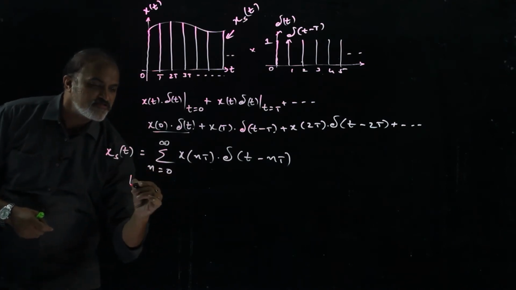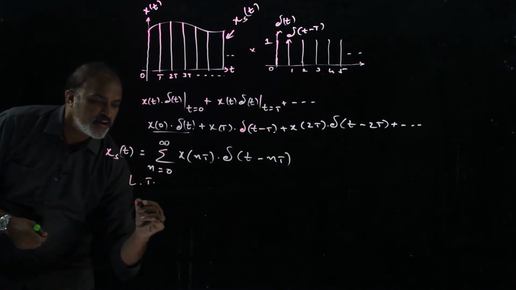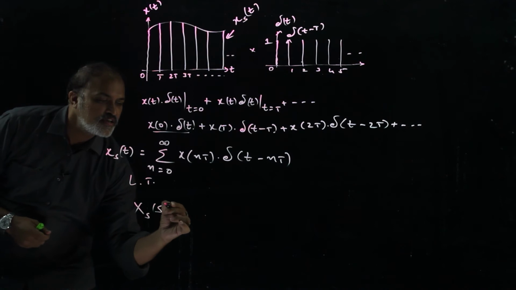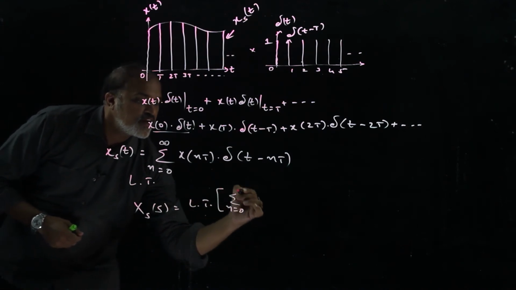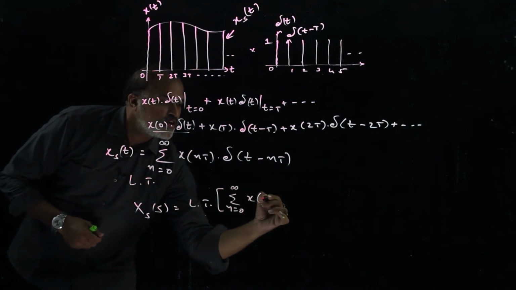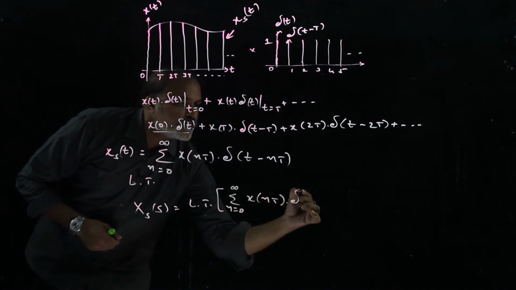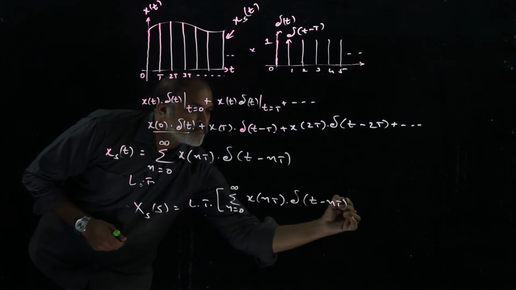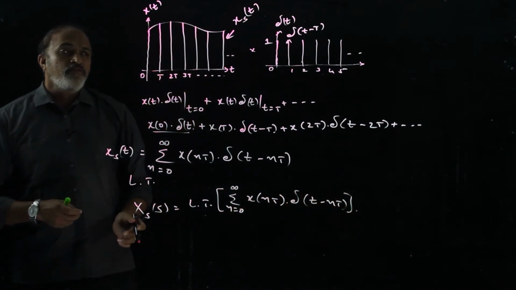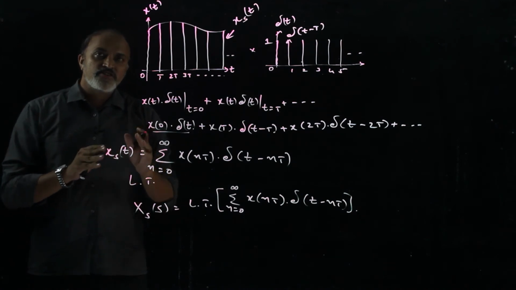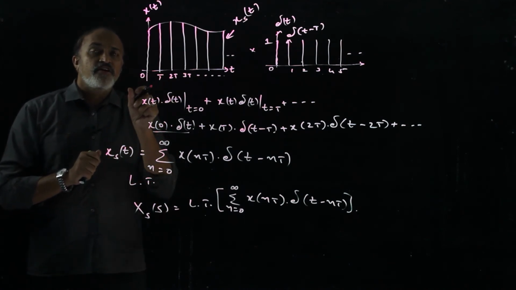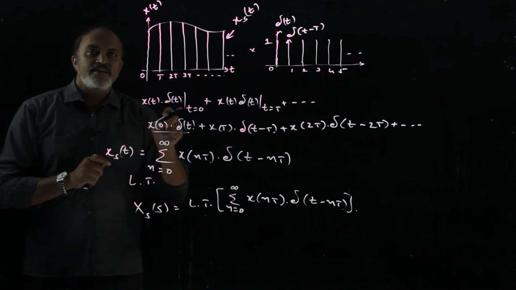Now apply the Laplace transform on both sides, then we will get xs of s is equal to the Laplace transform of this summation, sigma n equals 0 to infinity, x of n into capital T delta of t minus nT. We can apply the Laplace transform to any function which is a function of small t, where small t is the independent variable.